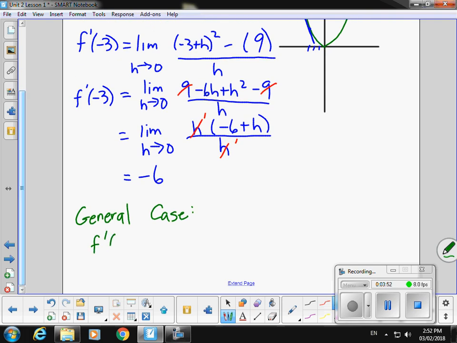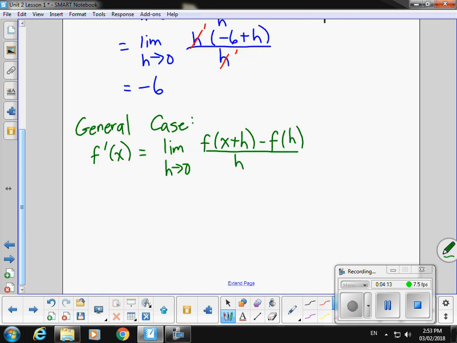F prime of x, or the slope of the tangent for this function at any place x, is the limit as h approaches 0 for this function at any x for the difference quotient. That would be the general case.